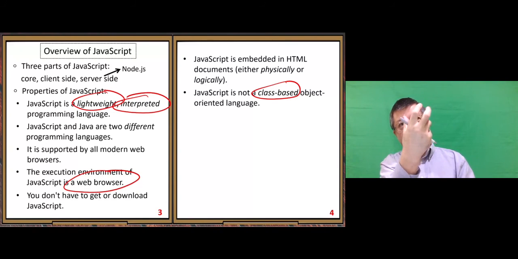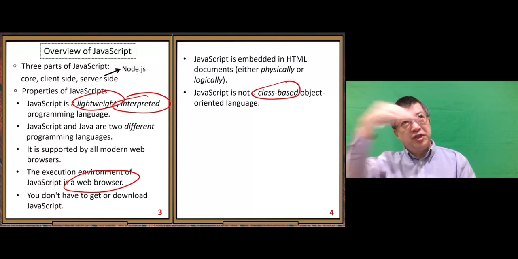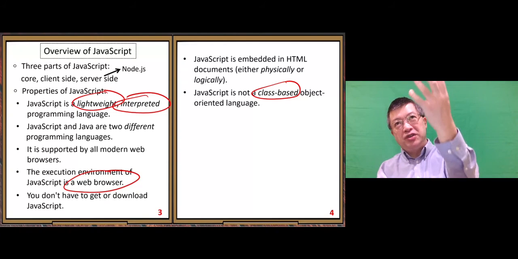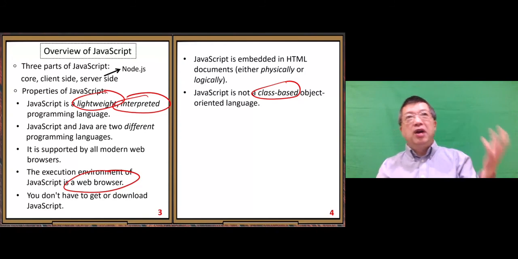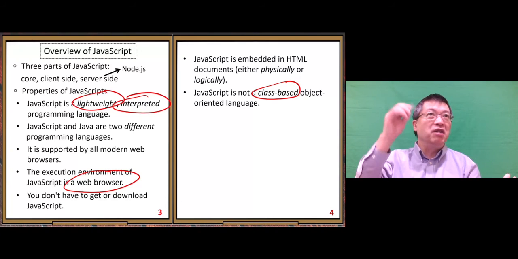You have an object, then object dot, so you access the methods inside the object. Typically when you use the features, you use objects, but you do not write your own classes, just like Java, where you can define your own classes.